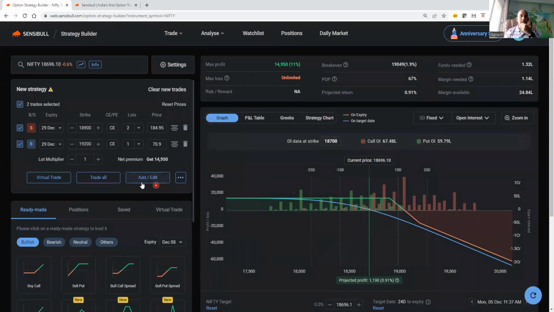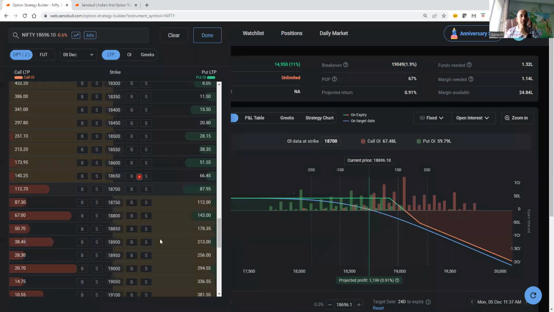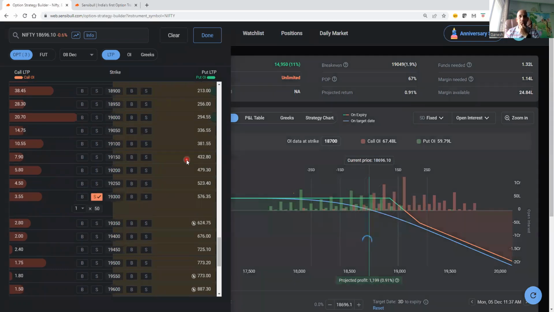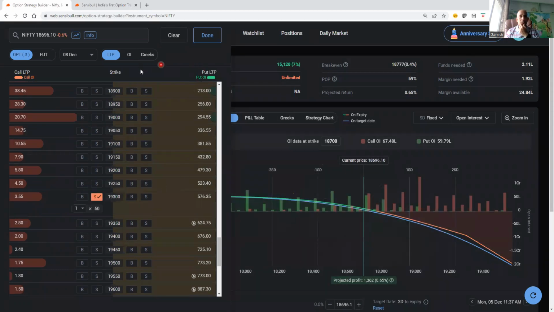Now suppose you want to add one more leg to increase your probability. You have the 19,200 bought, and you want to add one more, let's say the 19,300 sell.